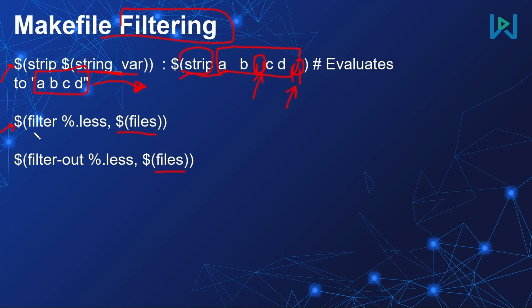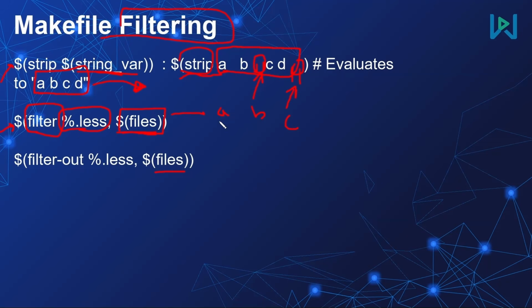In the second use case, we're going to use the GNU Make built-in filter function. This one will parse the content of this Makefile variable, which consists of a set of files, and then try to match this pattern.